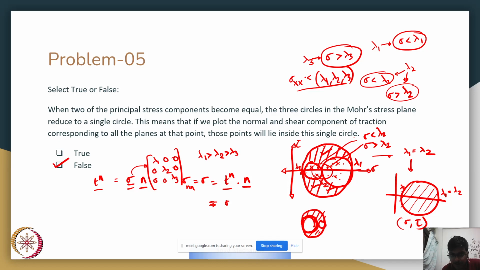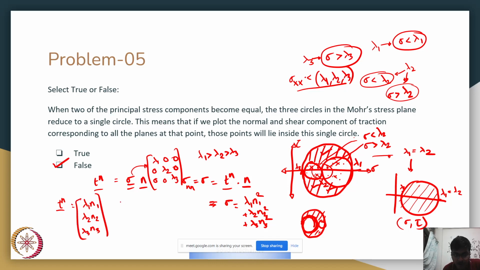Then sigma becomes lambda 1 n1 square plus lambda 2 n2 square plus lambda 3 n3 square, and the traction Tn becomes lambda 1 n1, lambda 2 n2, lambda 3 n3.